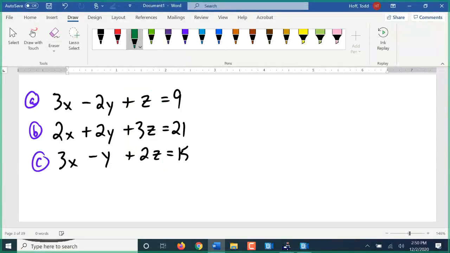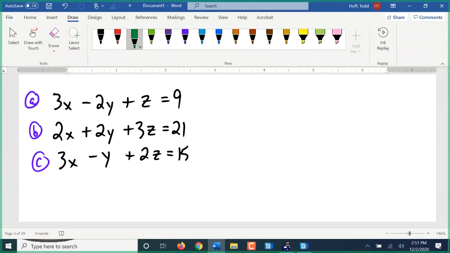That wouldn't be terrible either. I am going to choose to eliminate the y's. Now remember, the first step, we're going to combine two of the equations to eliminate the y. In the second step, we have to use the third equation that we haven't used yet, and then one of the other equations.